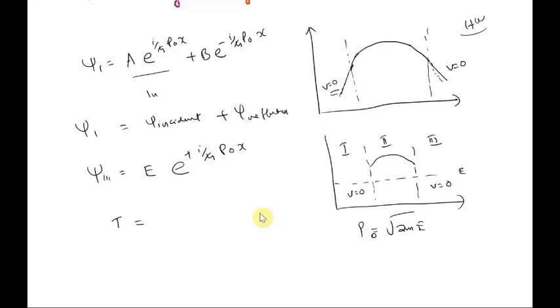This is nothing but the transmitted amplitude squared divided by the incident amplitude squared. So the amplitude of this quantity is nothing but E squared divided by A squared. This is something that we have to find out.